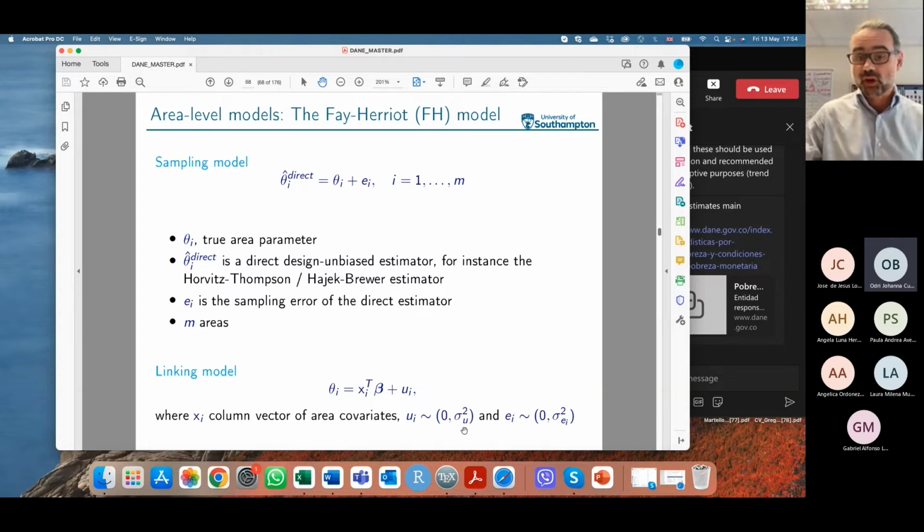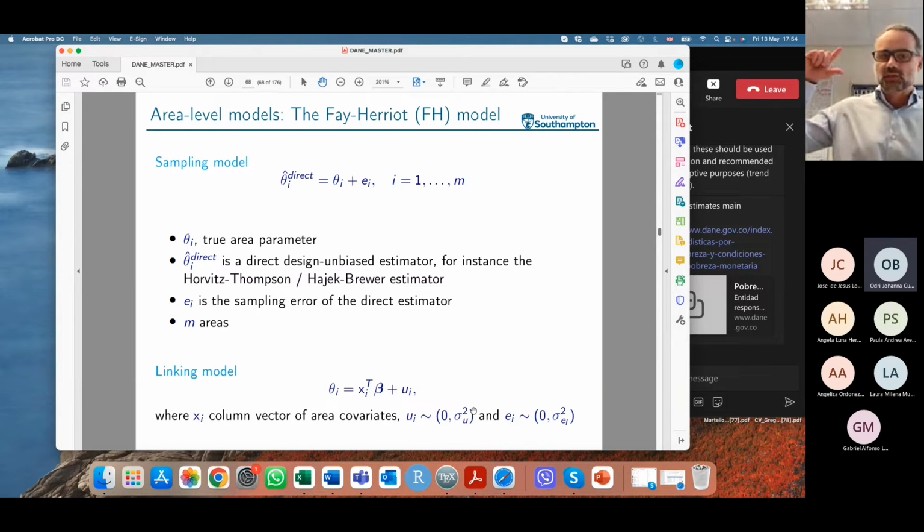So with mean zero and variance sigma squared u, and e i again follows a distribution with mean zero and variance sigma squared e i. I haven't specified that these are normal distributions. That will become relevant when you come to estimate the variance component sigma squared u, but it's not specified yet. Okay, so effectively, the Fay-Herriot model comprises two parts.